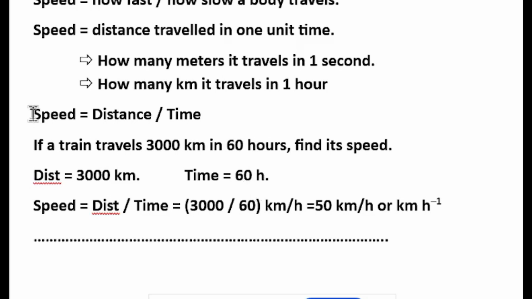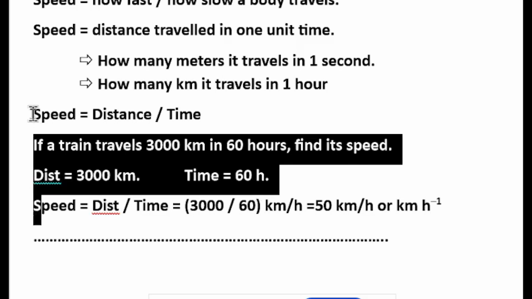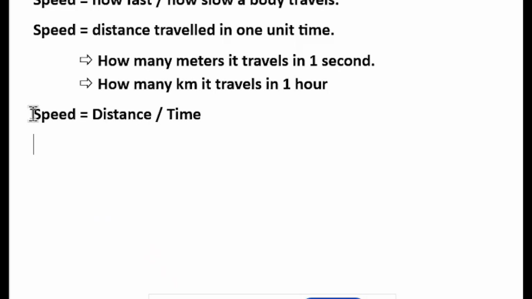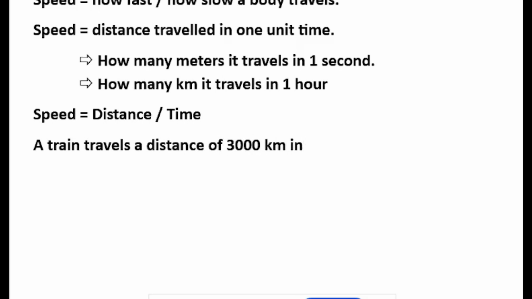Now the question could be given sometimes like this. A train travels a distance of, say, 3000 kilometers in 2 days.